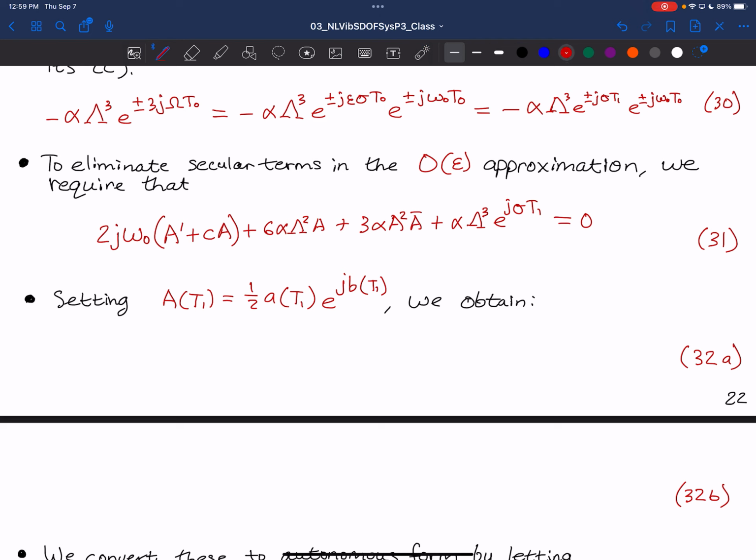Okay, so from here, we are going to expand capital A into a polar representation like normal. We'll then substitute that in, then separate real and imaginary parts, and we'll end up with a prime is equal to minus ca minus alpha times lambda cubed divided by omega 0 times the sine of sigma t1 minus b.